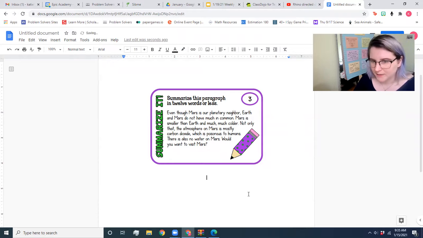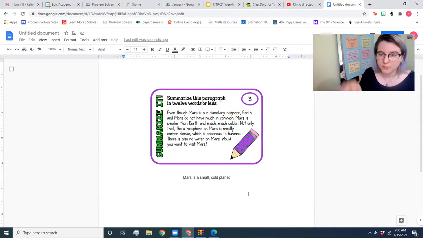12 words or less. It says smaller than Earth. It says colder than Earth. Small, cold planet. See, I've still got some. And it says the atmosphere is mostly carbon dioxide, which is poisonous to humans.